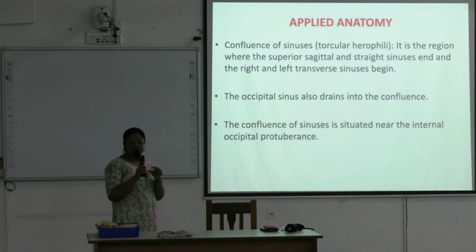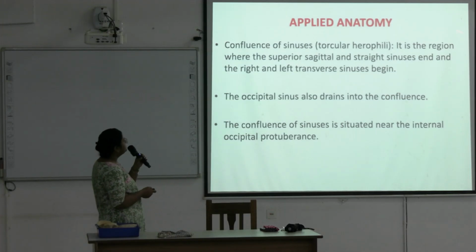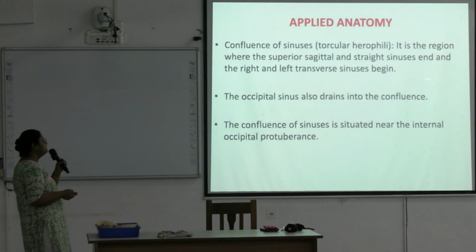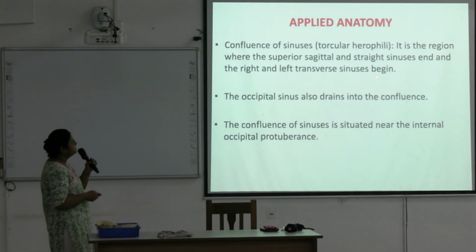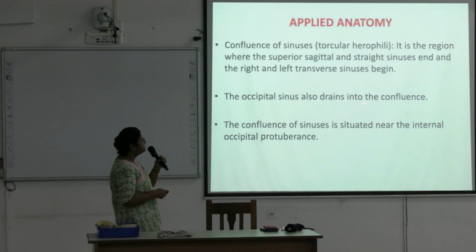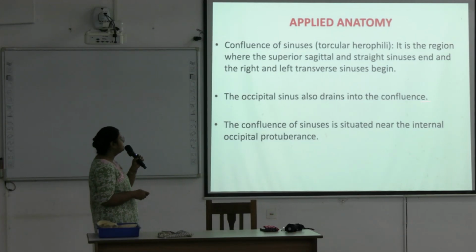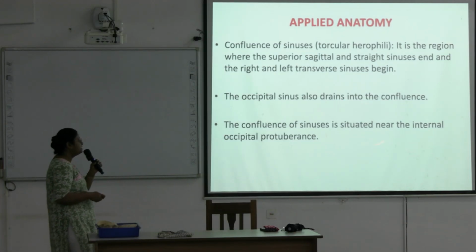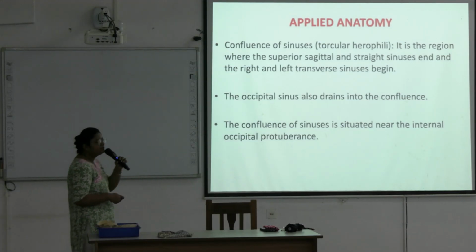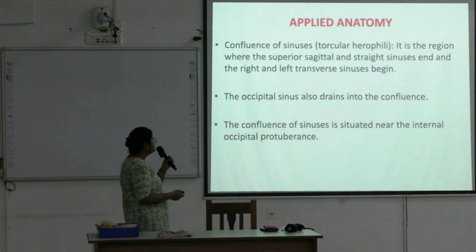It is the region where the superior sagittal and straight sinuses end and the right and left transverse sinuses begin, and the occipital sinus also drains into the confluence of sinuses. The confluence of sinuses is situated near the internal occipital protuberance.